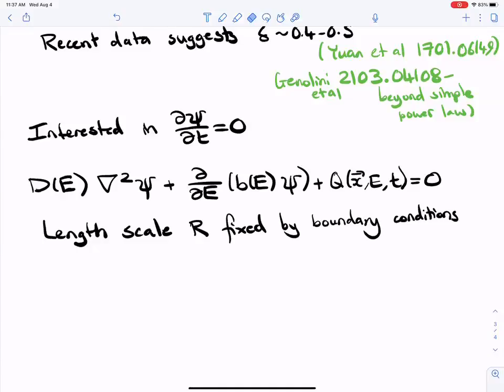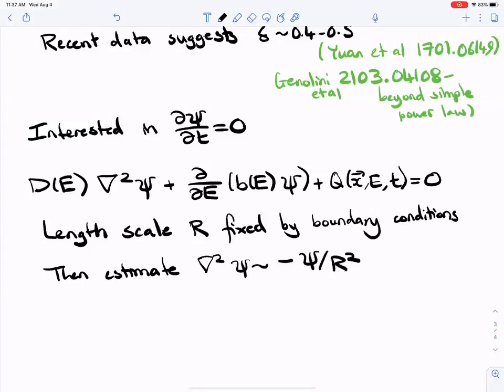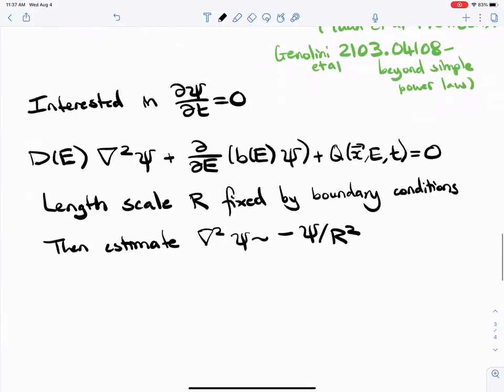I'm putting a minus sign in here because I'm assuming that the density is higher in the center and falls off towards the boundaries. This is a tilde. There will definitely be prefactors in any realistic model, I'm just saying that by dimensional analysis there has to be some kind of scaling like 1 over R squared. But again, this is a rough estimate to look at the properties of the equation. Don't take it too seriously.